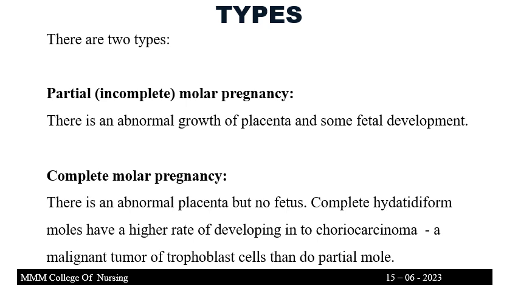First is partial mole. In this type, the evidence of an embryo, the fetus or amniotic sac, may be found as death occurs at the 8th or 9th week. It means the embryo or the fetus will be there, but it will be dead in a partial mole. The hyperplasia of the trophoblast is confined to the single syncytiotrophoblast layer and is less widespread than in complete moles.